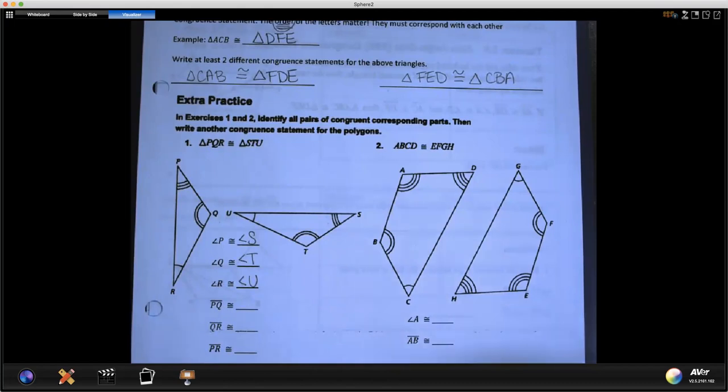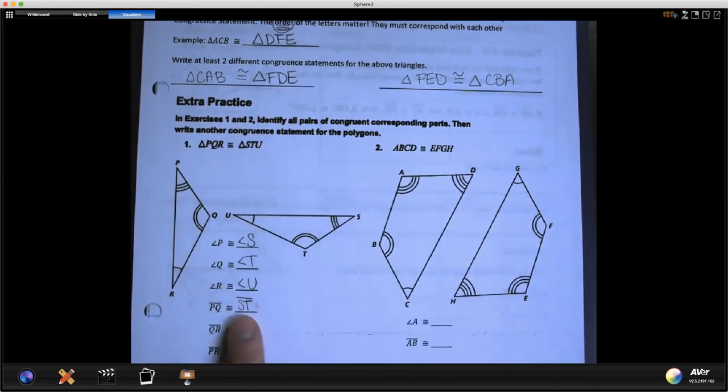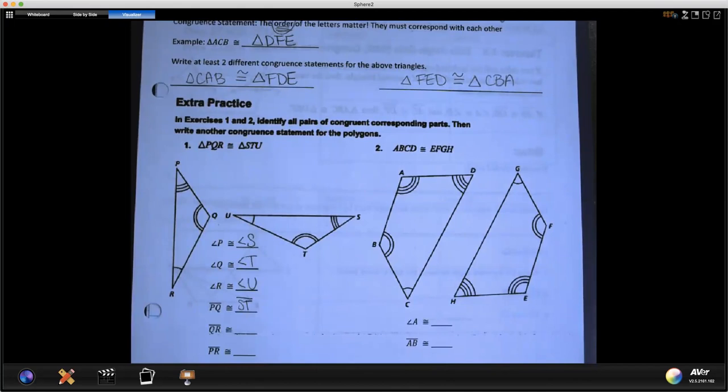Yep, ST. I kind of already said the answer on accident, but ST. Now, when you write your answer, make sure these are capital letters and make sure you put a bar above it to represent that that's a side. Okay, go ahead and try the other two. QR and PR. What are the sides that are congruent to those two?